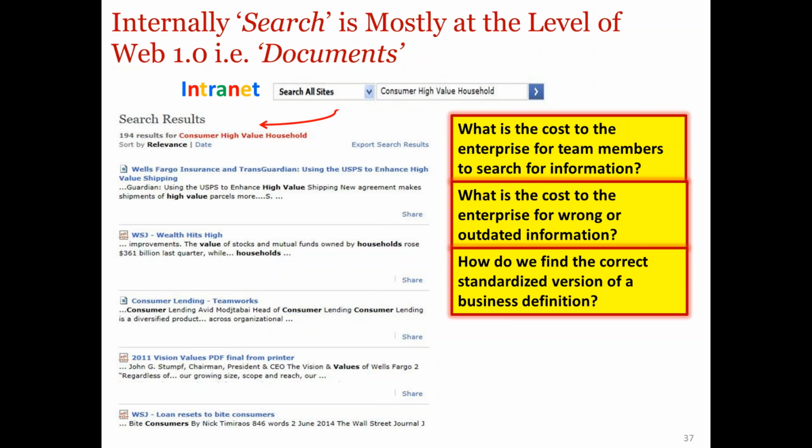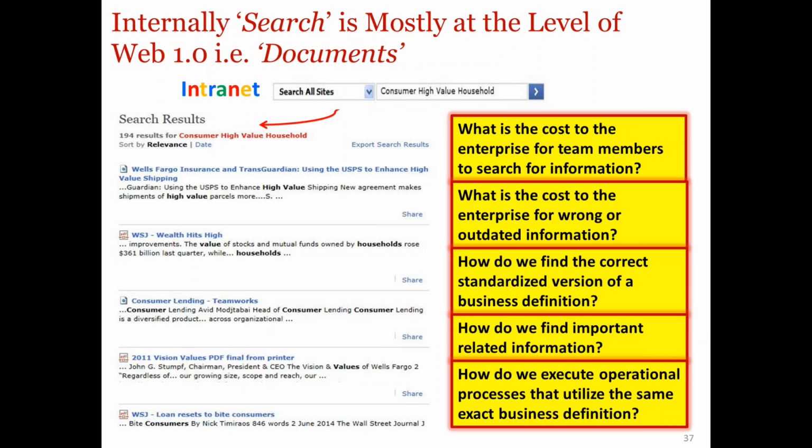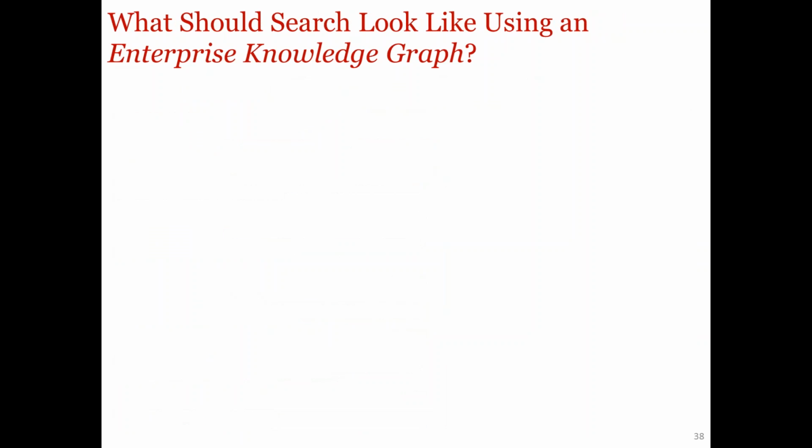And how do we find the correct standardized version of the business definition? And how do we find linked or related information? And how do we make sure that our operational processes will make use of the same standardized information? These are pretty big enterprise cost issues and quality issues.